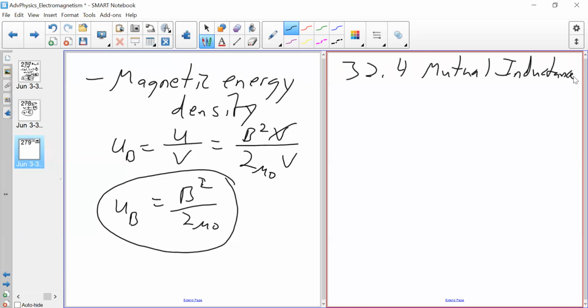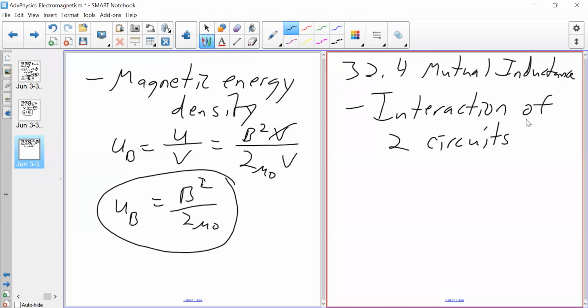Mutual inductance. Mutual induction: the interaction of two circuits creating EMFs in either one. It's like simultaneous.